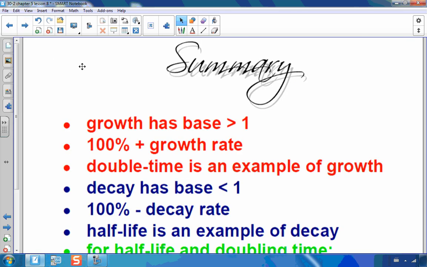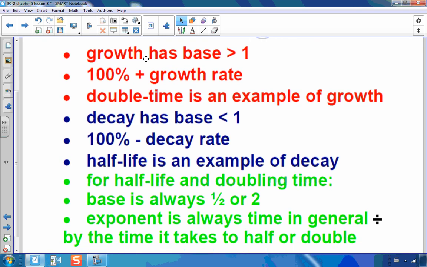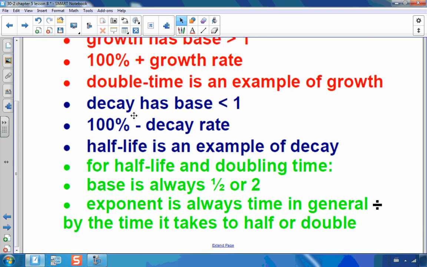Half-life is an example of decay because the base is a half. For half-life and doubling time, your base is always either a half or 2 respectively. The exponent is always time divided by the half-life time or the doubling time. I like this equation: get a half-life instead of a life. And this is actually a half-life formula.